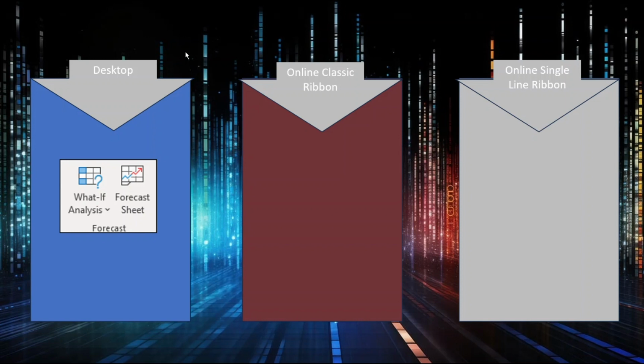And with the forecast group, you have several choices of what if analysis or forecast sheet. And generally what this does is the what if analysis will let you create a spreadsheet of some kind and use a formula that has at least one cell that if you change the contents of that cell, it'll change the outcome of the whole idea of that spreadsheet.